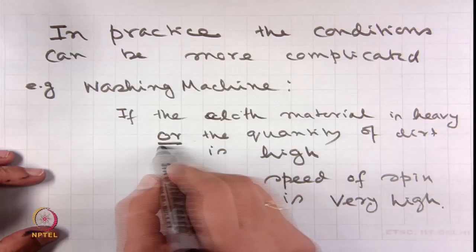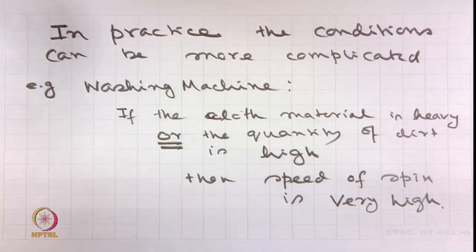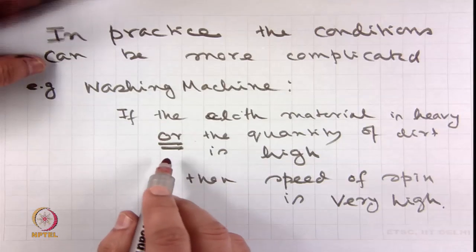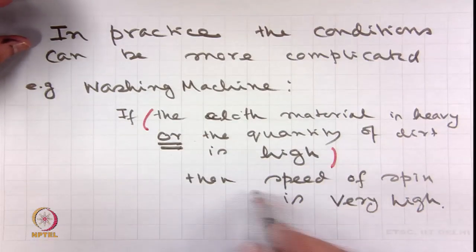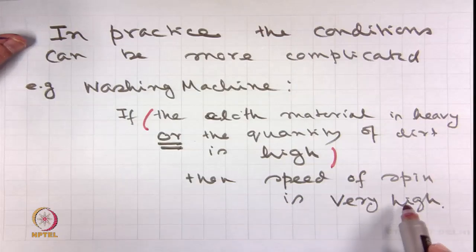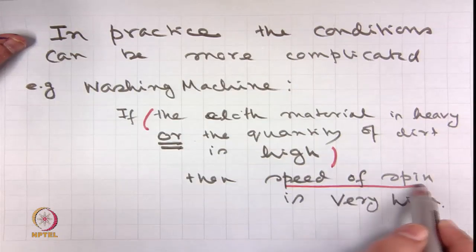Thus, we get a disjunction of two clauses which imply the value of the variable speed of spin.